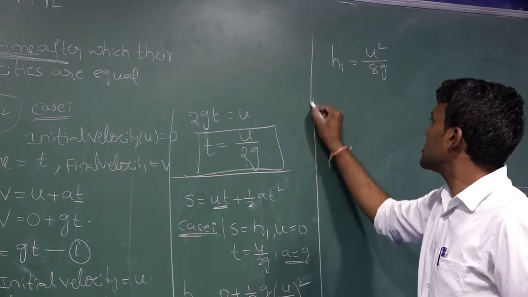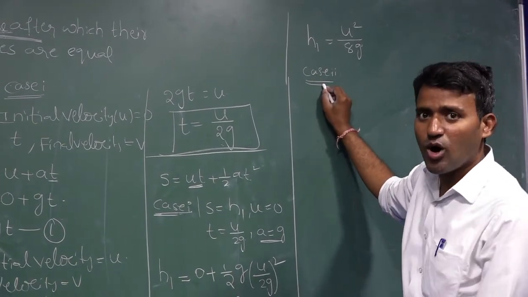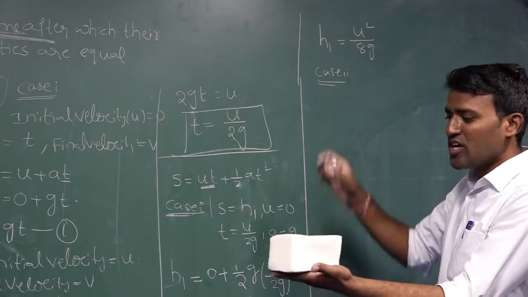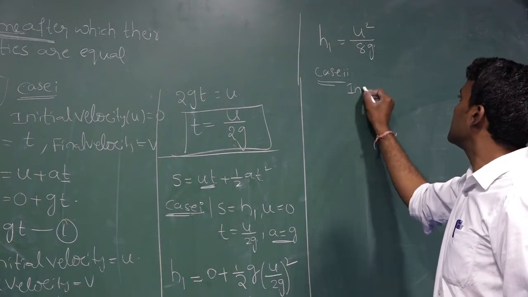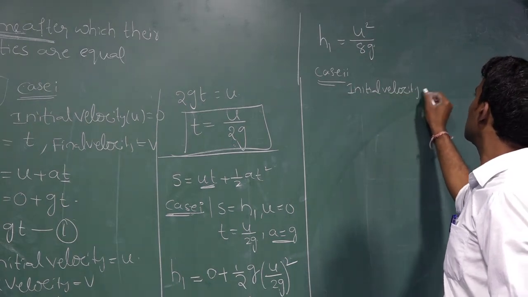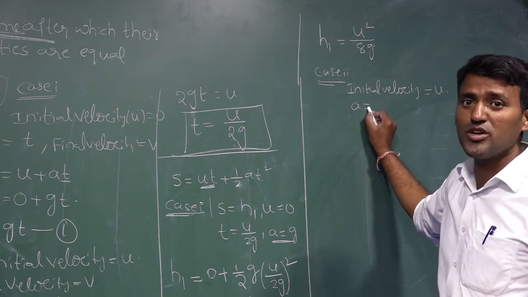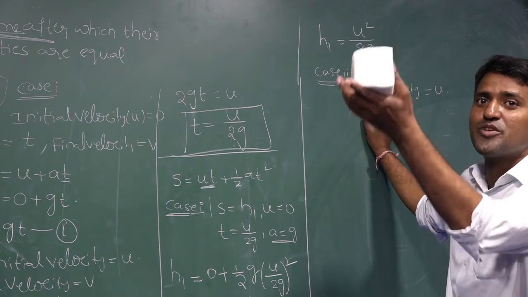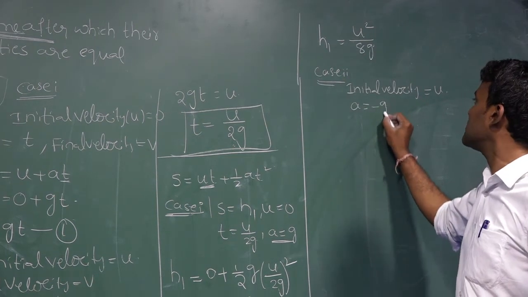Next one, case 2. What is case 2? The object is vertically projected upward. Without giving any velocity, the object cannot go upward. So initial velocity is u, and acceleration, going upward or downward, it is the upward situation, so acceleration is minus g.